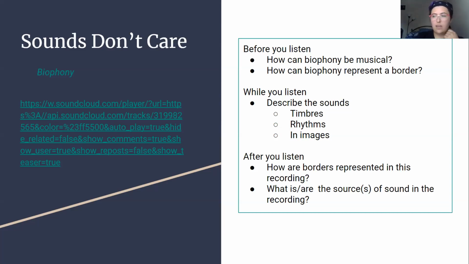So biophony, I think, can be conceptualized a little bit differently because we have had composers actually try to mimic different bird sounds. Messiaen was one of the more well-known composers that transcribed different ideas and sounds of bird calls. So biophony can be music in the sense of Western classical music. It can also be used in electronic music.